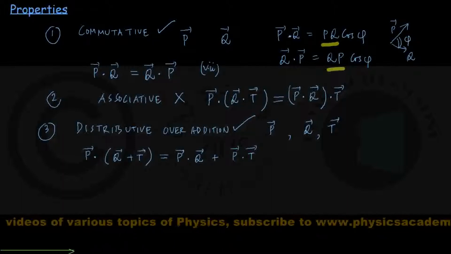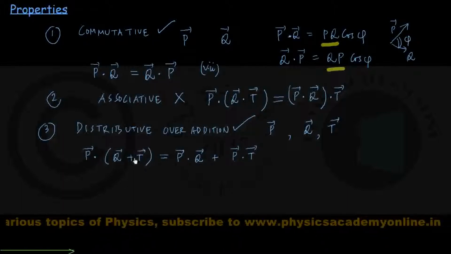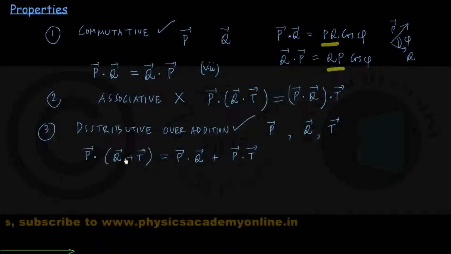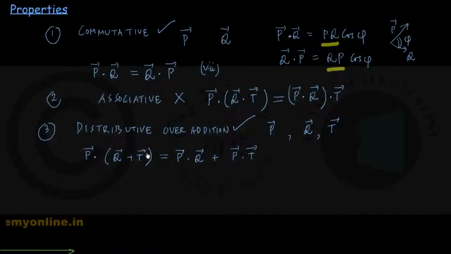Let's see the meaning of this. Here Q plus T is a vector quantity, it's a vector sum, and with that vector sum and P, we are finding the dot product. The whole thing is a scalar quantity, because it is the dot product of P and the vector sum Q plus T.